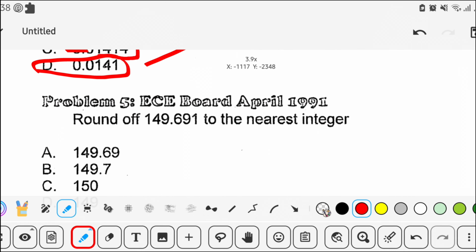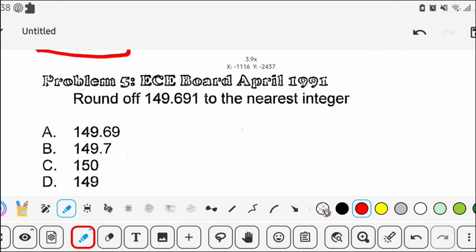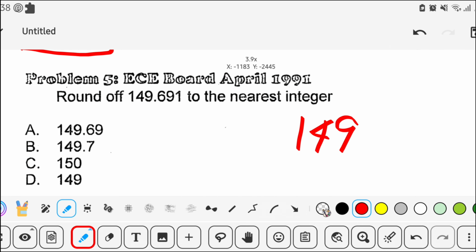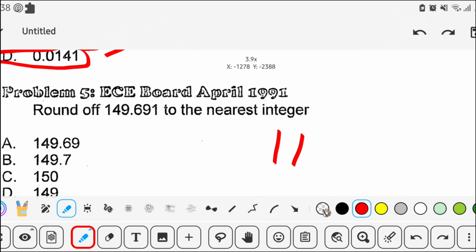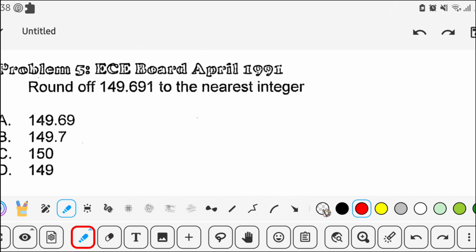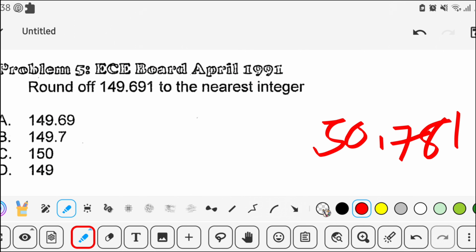Next, we have round off 149.69 to the nearest integer. For the nearest integer, you just have to consider the decimal part. Let's use another number first, 50.781.